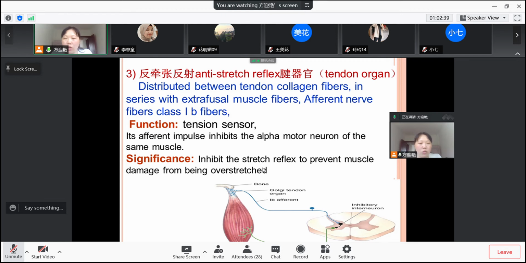If the muscle is overstretched, muscle damage may occur, and the tendon organs can prevent that muscle damage. But if the overstretch is higher than the anti-stretch reflex can handle, muscle damage still happens. This protection has its own range. Can you understand?